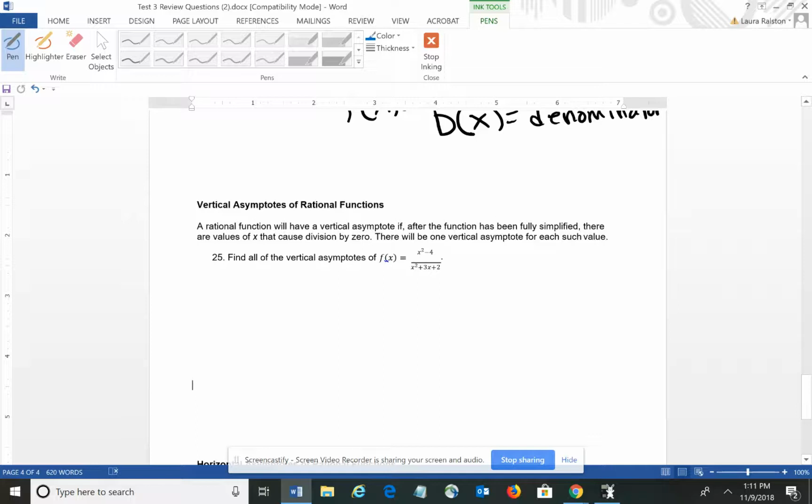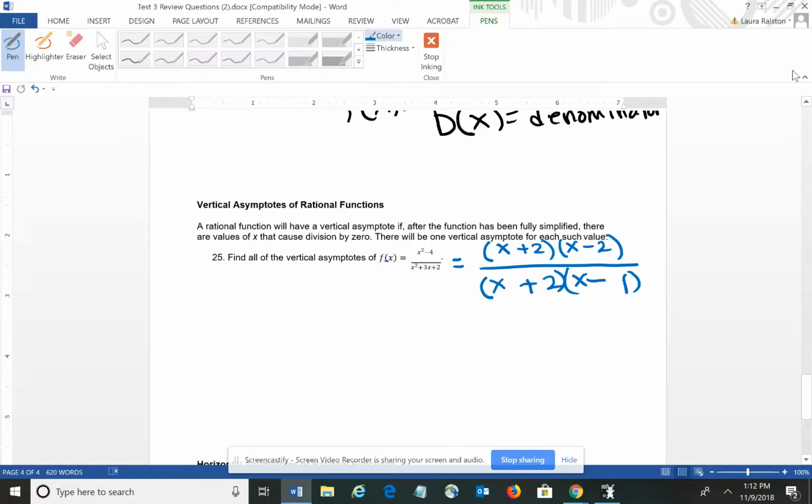So I want to try to simplify this particular polynomial first. And to do that, we have to factor. So x squared minus 4 does factor into x plus 2, x minus 2. In the denominator, it factors into x plus 2 and x minus 1.